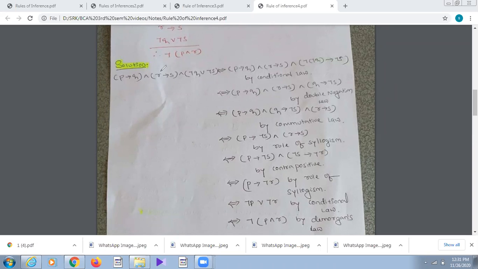See here, P conditional Q and R conditional S are there, and a disjunction is there, so convert it in the form of a conditional. Apply the conditional law. What is the conditional law? P conditional Q is logically equivalent to negation P or Q.